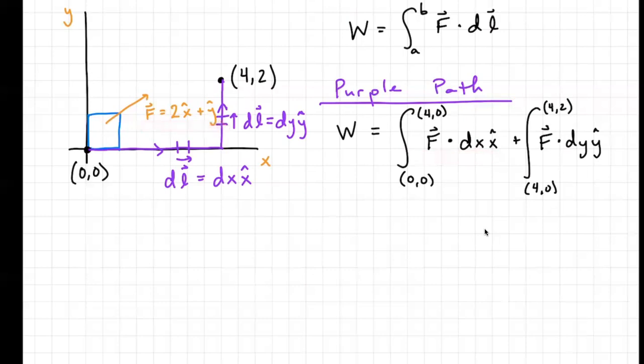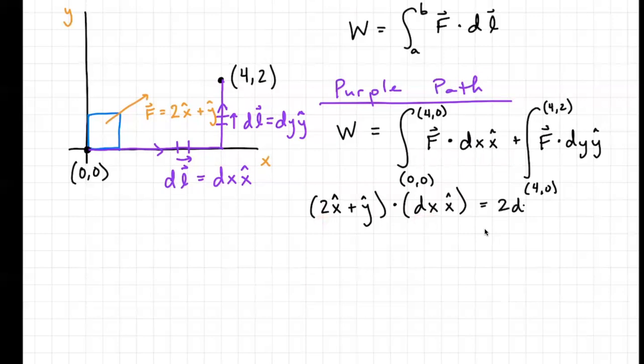So if we do 2x hat plus y hat dotted with dx x hat, to try to calculate what should go into this integral here. Well, when we do a dot product, we can take the component in the x direction of the first vector times the component in the x direction of the second vector, multiply those two things together.